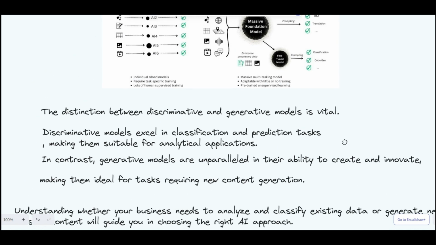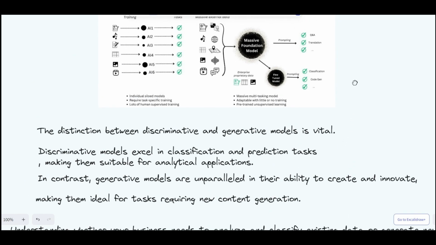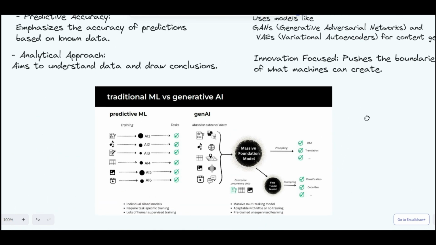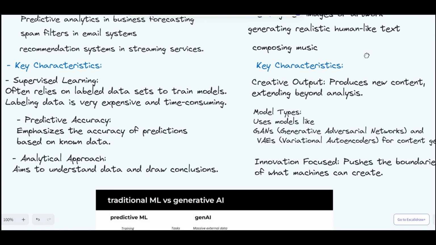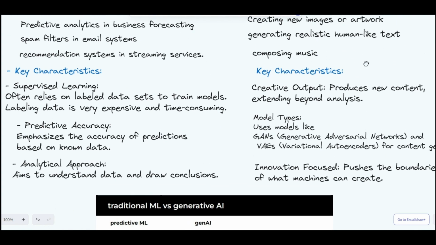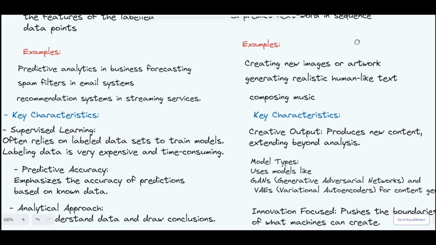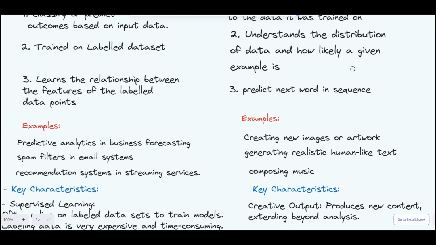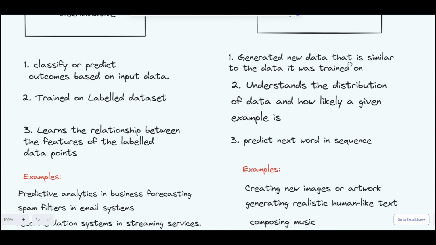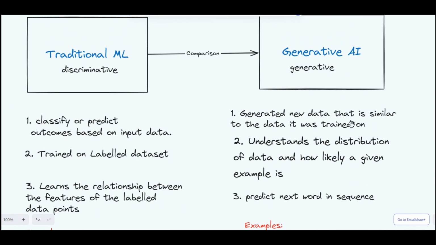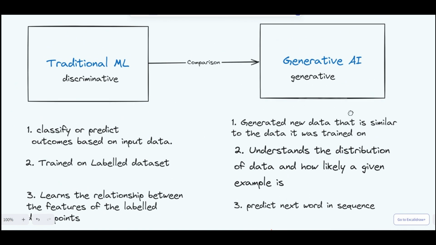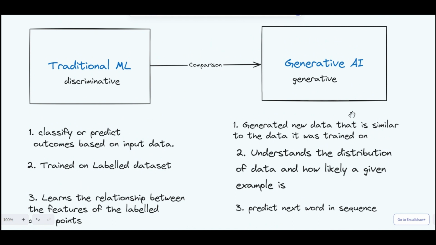That is the reason why we have gone through this topic. Before you start solving your problem in AI, try to find out what kind of use case you're trying to solve. I hope I was able to explain this clearly.